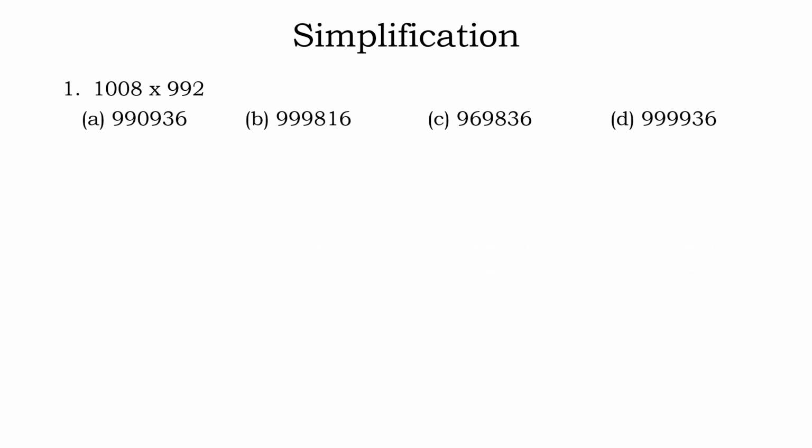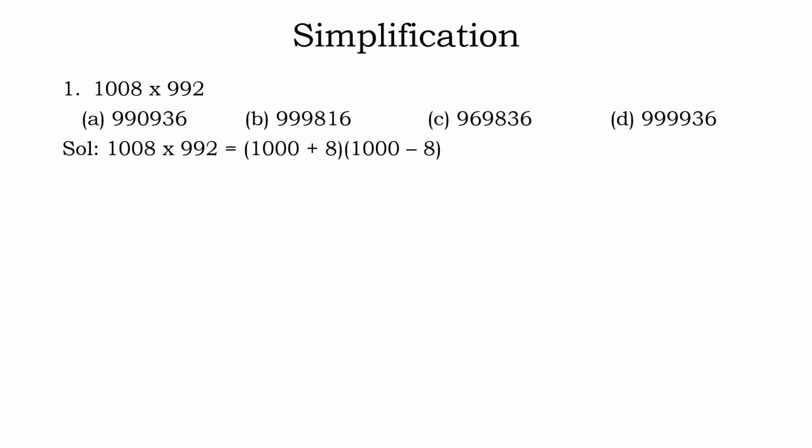Now let us solve a few problems using the expressions or formulae explained. Now 1008 into 992. So no need to multiply these two numbers and find the product. If you observe these two numbers, 1008 is 8 more than 1000 and 992 is 8 less than 1000.